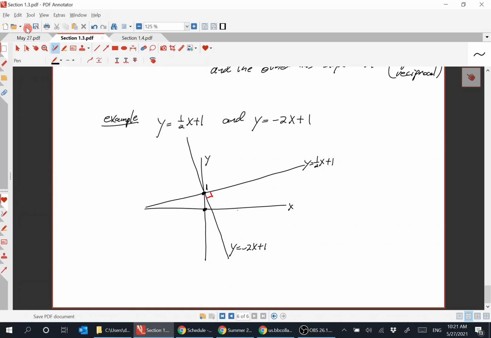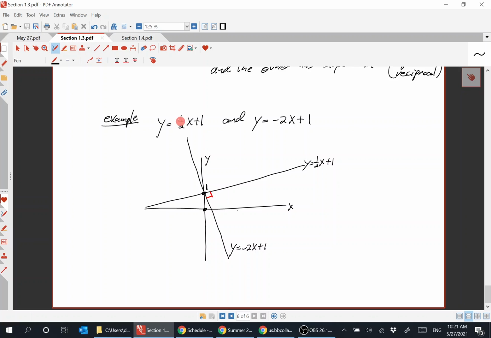Okay, so that's the basics of lines. Two different forms for the equations, point slope and slope intercept. And you can graph a line by having 2 points, in particular the y-intercept and the x-intercept. Parallel lines have the same slope. Perpendicular lines, slopes are negative reciprocals of each other.